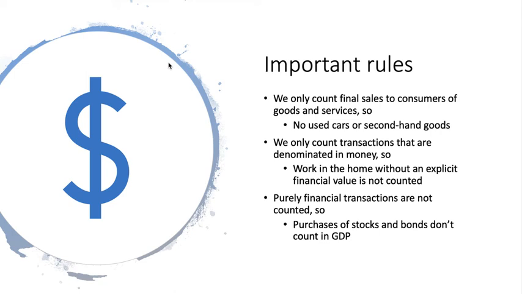Purely financial transactions are not counted. So our purchases of stocks and bonds don't count in GDP. So all of that financial activity that occurs on Wall Street, almost none of it is included in our calculation of GDP.